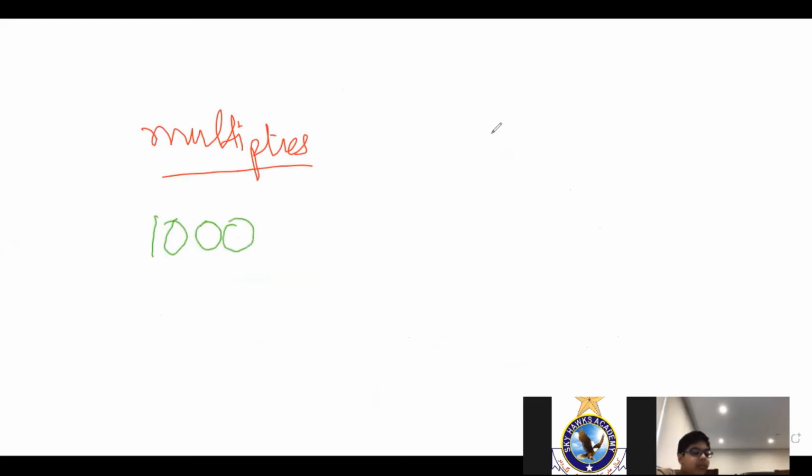What was the question? Nicola multiplies the smallest 4-digit whole number, which was 1000, by the largest 2-digit whole number, which was 99.